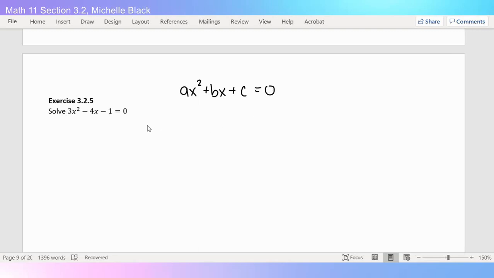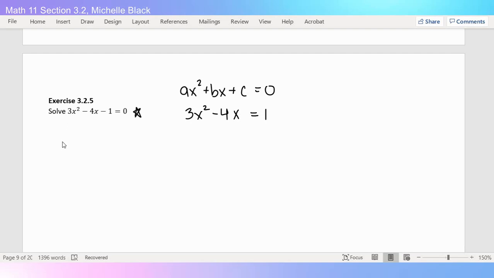That's really important to note because if you were given a quadratic equation that was not in this form, for example, let's say that the problem was given to us like this, I could not identify a, b, and c correctly until I move the 1 over to the left so that I'm in this form. I need to have my standard form for my quadratic equation before I identify a, b, and c. Otherwise, you might misidentify c as being positive when in reality c is negative.